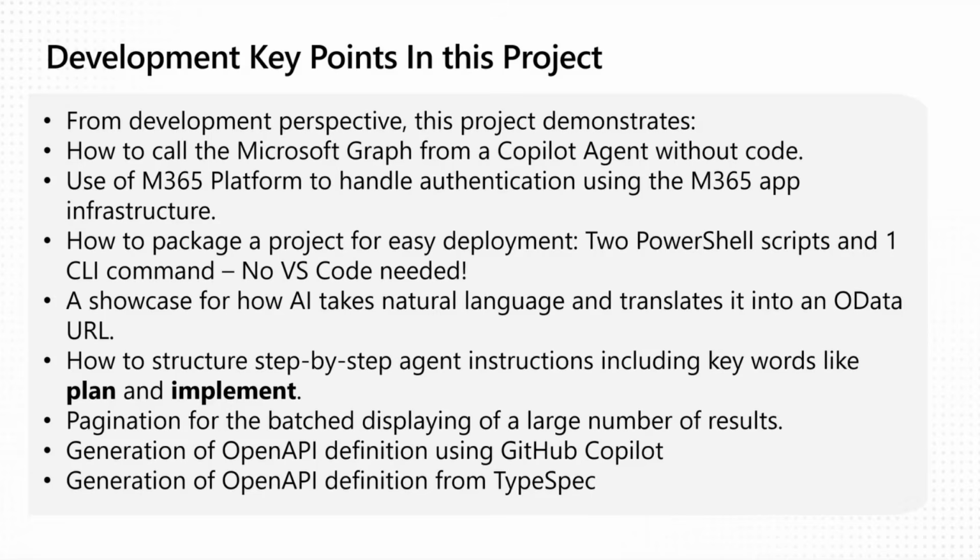The OpenAPI definition includes all the descriptions of the functions and the parameters for the functions, which the Copilot orchestrator uses to derive the intent from the natural language and match it up with how the API is described within the OpenAPI definition.